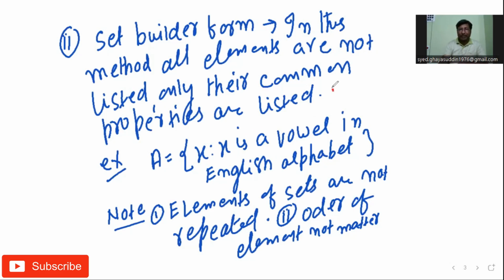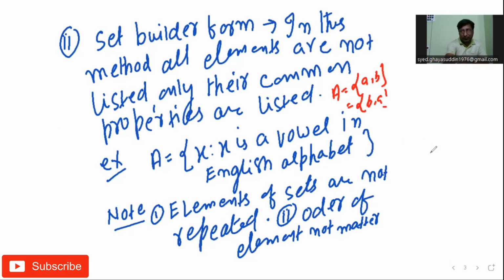Suppose A is a set with members a, b, and you can write b, a. Both are the same. That is, {a, b} or {b, a} are the same set. Order of elements has no effect. Elements of sets are not repeated. You cannot write a, a, b; elements are not repeated.